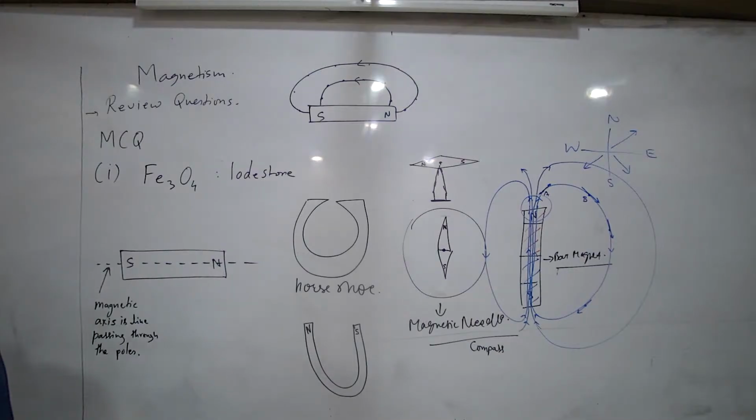Okay, next. Question 27. I want somebody to come on board and draw it. Question 27. Come fast.